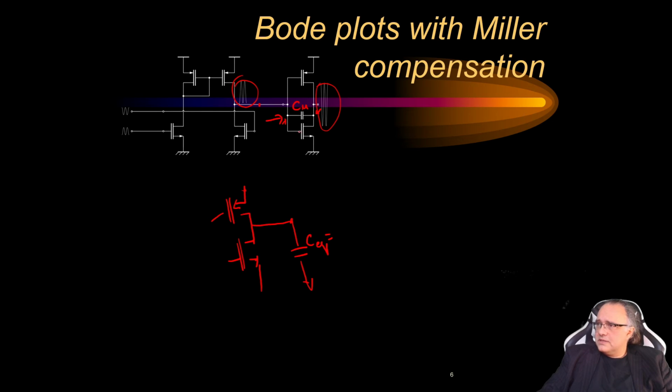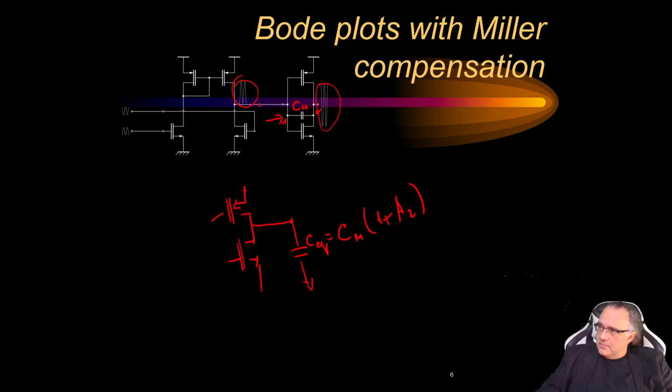So the equivalent capacitor, which is from this node to ground, is actually multiplied by the gain of the second stage. So then the capacitor will be Cm times (1 plus the gain of the second stage), and this is called the Miller effect. The Miller effect makes this capacitor look much bigger than it actually is.